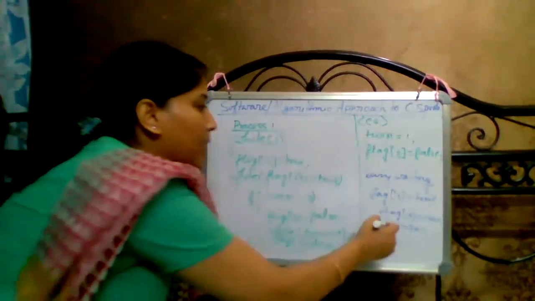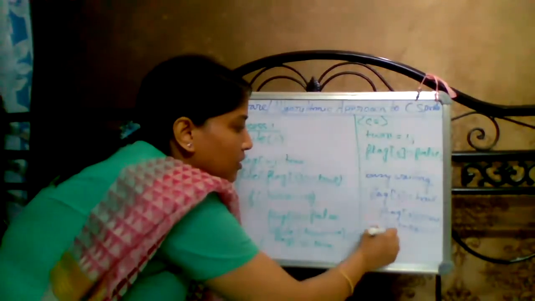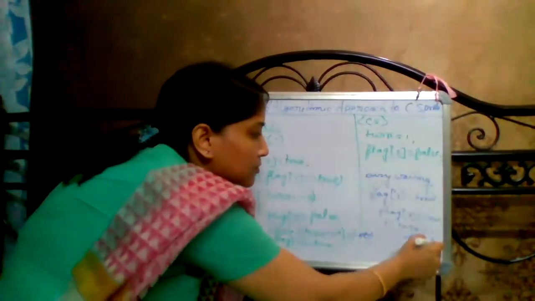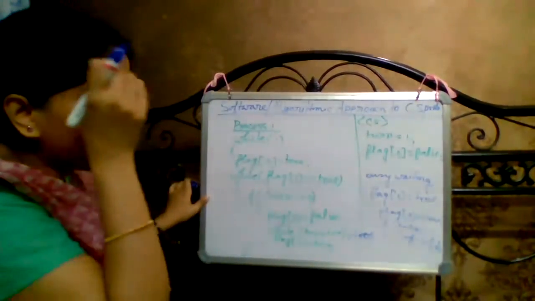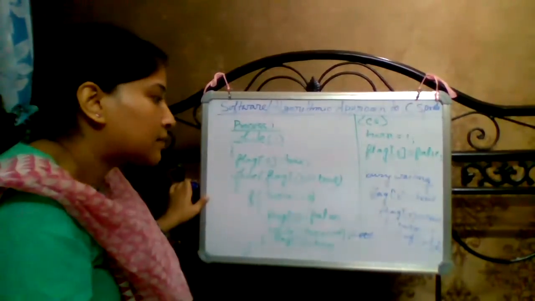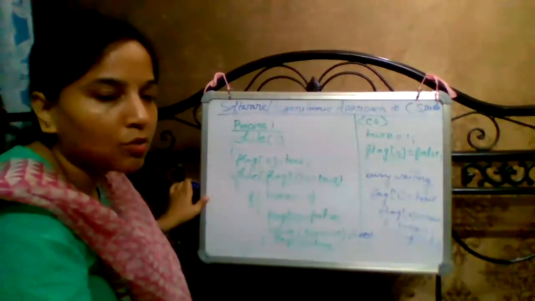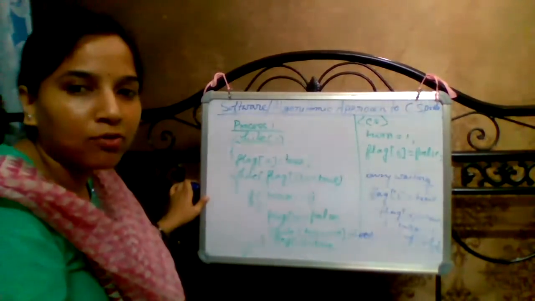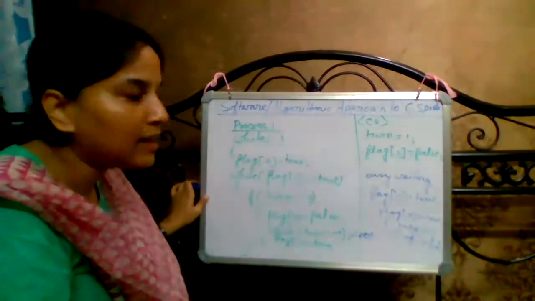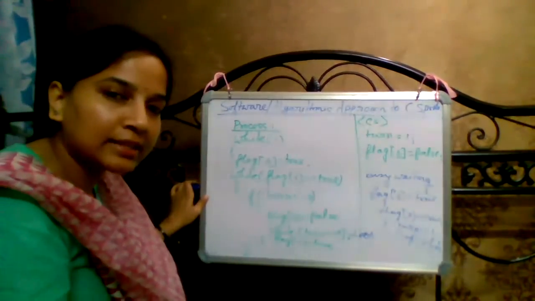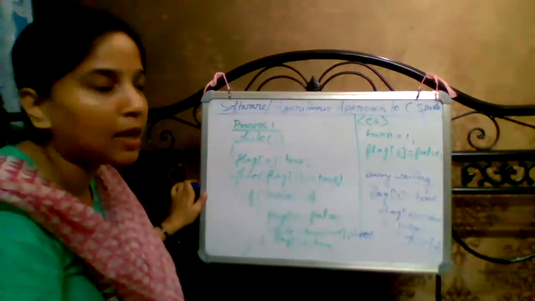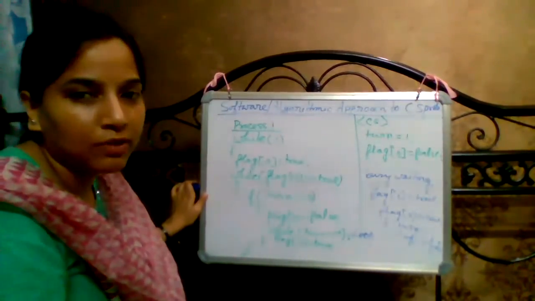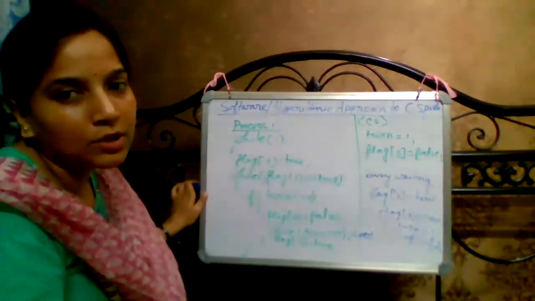So process 2 changes flag[1] to false and waits in the while loop until turn equals 1. Once it does, it sets flag[1] to true again and enters its critical section. Before exiting, it sets turn equal to 0 and flag[1] to false.